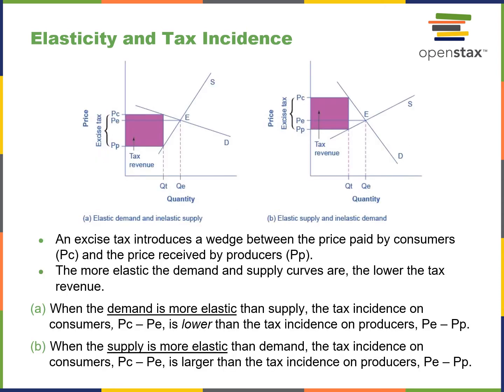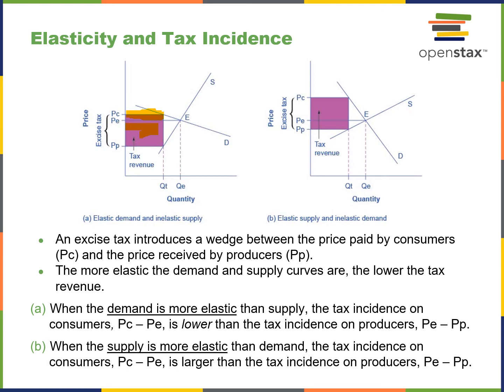Okay, this illustration speaks to elasticity and tax incidence, and basically it's a graphical explanation. So if demand is more elastic than supply, then the tax incidence on consumers is lower than the tax incidence on producers. So this would be the tax incidence on producers, whereas above the line, PE here, this would be the tax incidence on consumers.